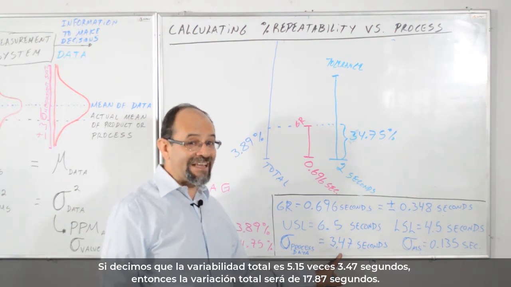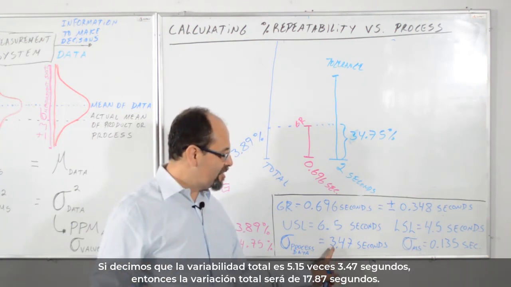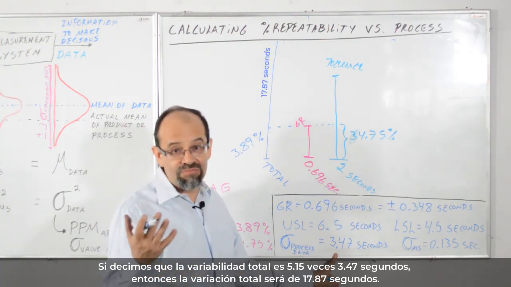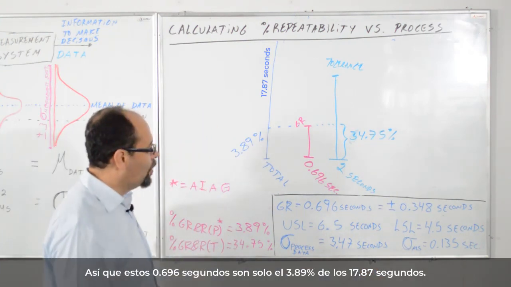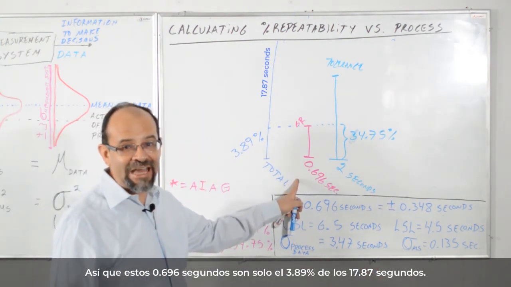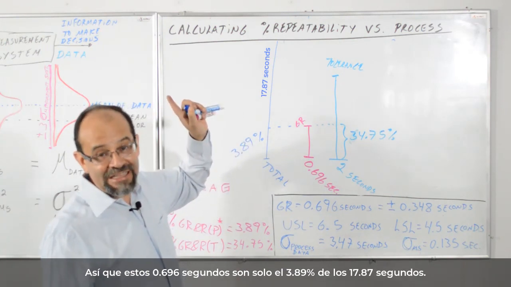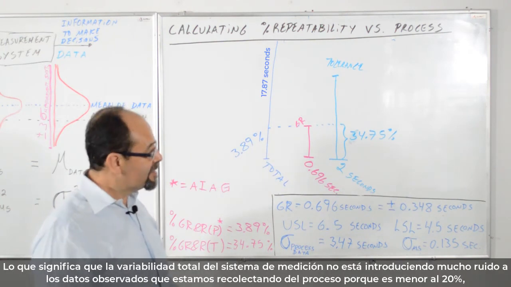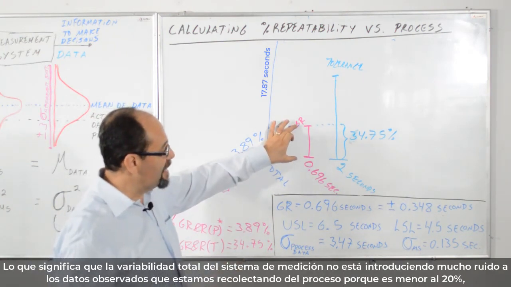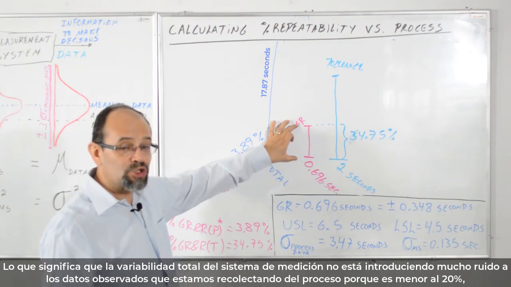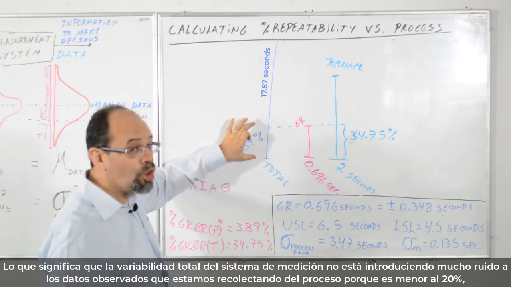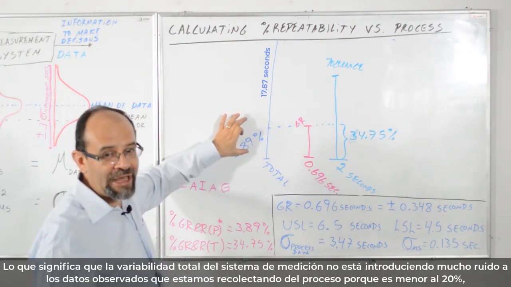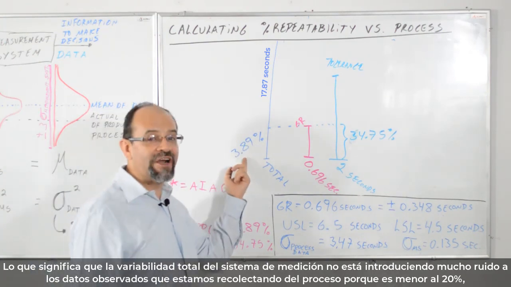If we say that this variability is 5.15 times 3.47, it is basically between 15 and 20 seconds. So these 0.69 seconds out of 15 or 18 seconds is only 3.89%. That means that the variability because of the measurement system won't be introducing big noise to the observed data that we are collecting from the process, because it's smaller than 20%.